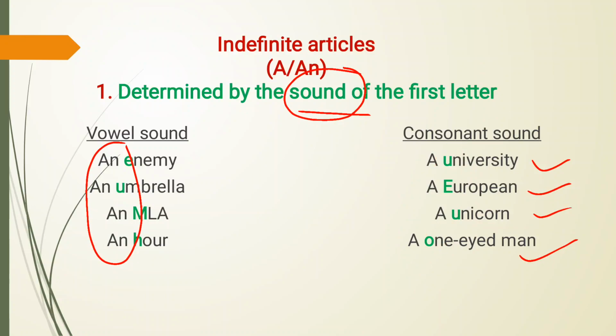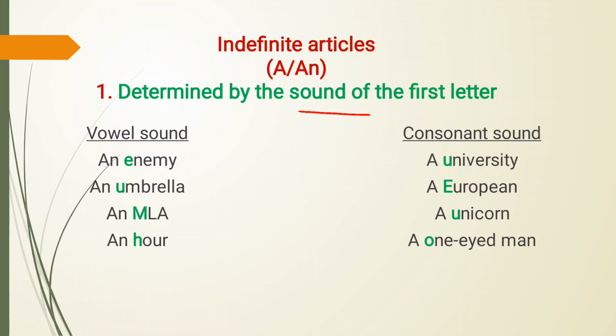As the rule says, we need to look for the vowel sound. We should not look at whether the first letter is a vowel or consonant. We will look for the sound, whether the sound of the first letter of the word is that of a vowel or that of a consonant. In enemy, our sound begins with a vowel sound.